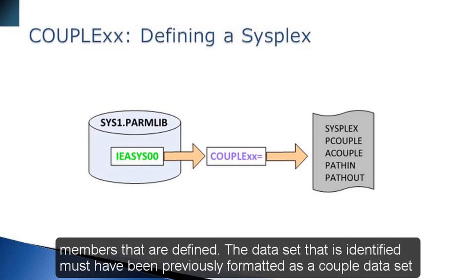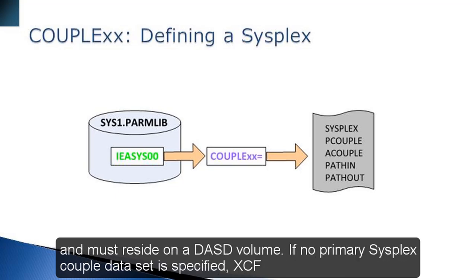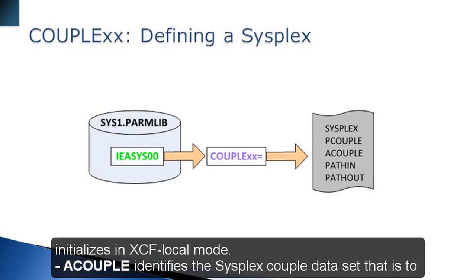The dataset that is identified must have been previously formatted as a couple dataset and must reside on a DASD volume. If no primary Sysplex couple dataset is specified, XCF initializes in XCF local mode.